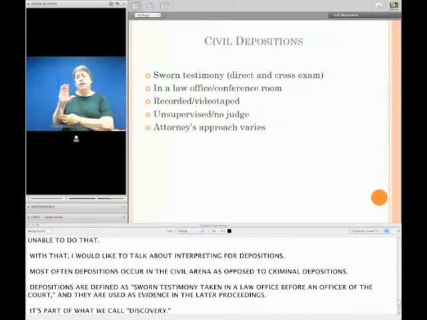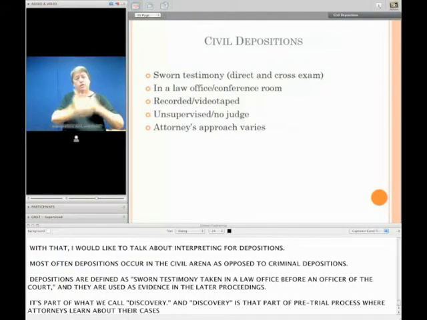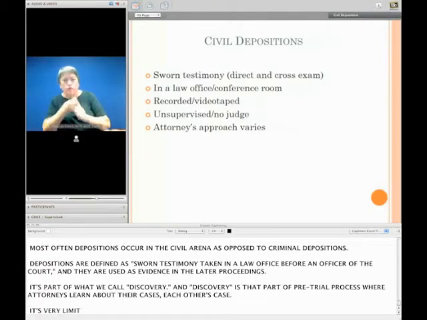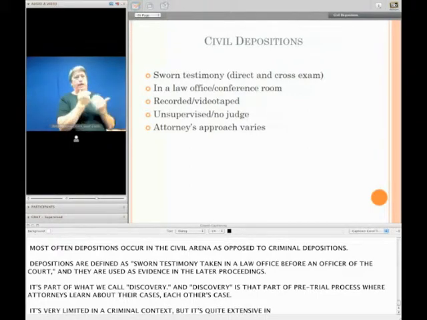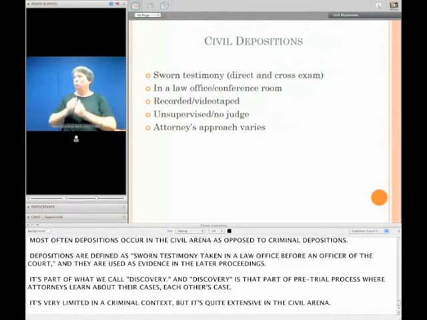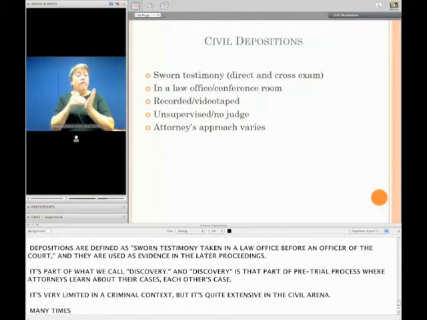Discovery is that part of a pretrial process where attorneys learn about their cases, each other's case. It's very limited in a criminal context, but it's quite extensive in the civil arena. Many times, a deposition will be recorded or videotaped.